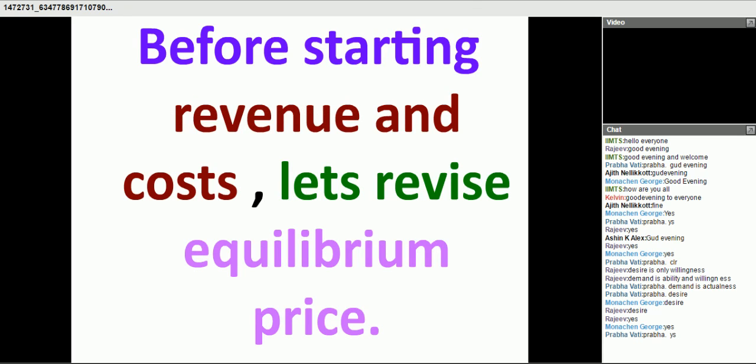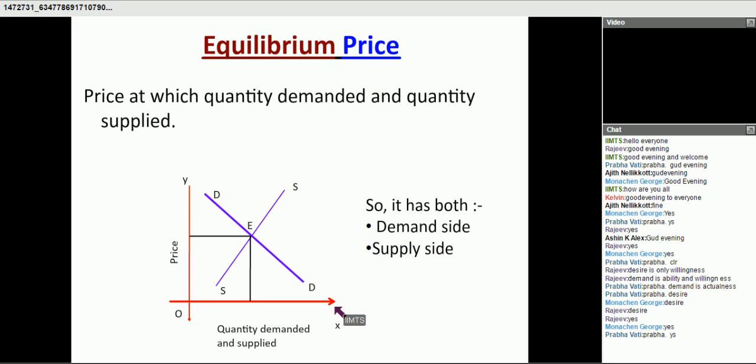Okay, so let's just revise equilibrium price once. So this is the equilibrium price, and this is the graphical representation of that. It is the price at which quantity demanded and quantity supplied are equal.